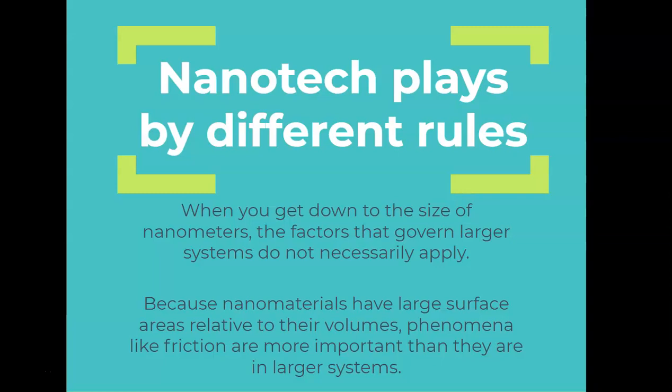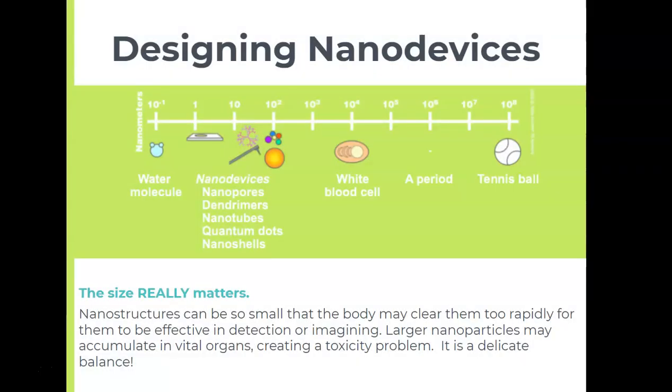So things like friction are more important than they are in macroscopic type things. So things behave differently, they bend differently, they act differently when you get down to that small scale. And so you have to kind of accommodate for that when you're designing nanotechnology.